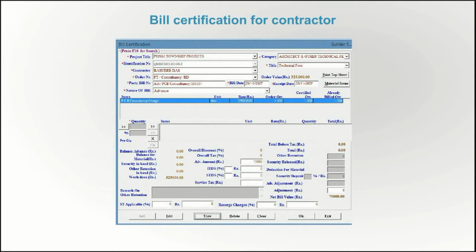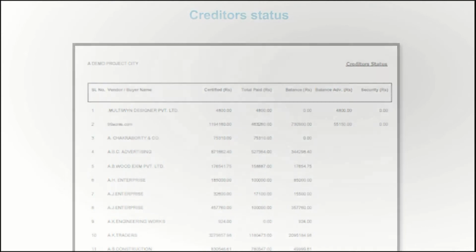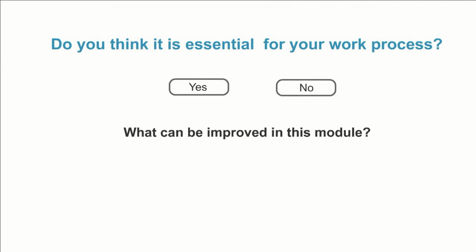This is the screen for bill certification. This is the creditor status report. Do you think it is essential for your work process? What can be improved in this module?